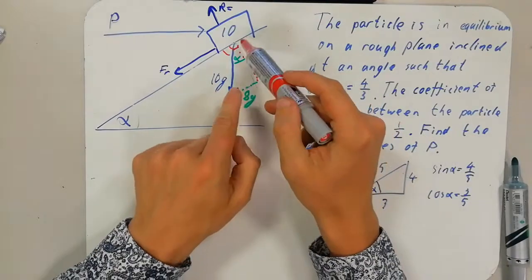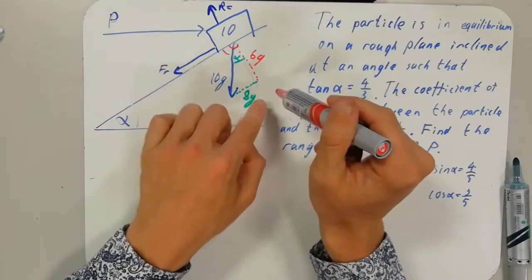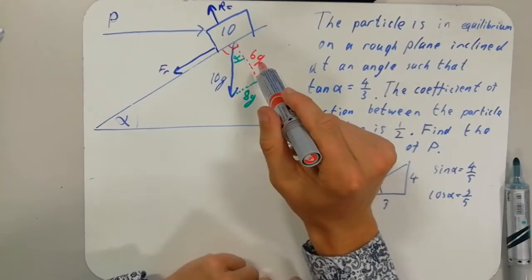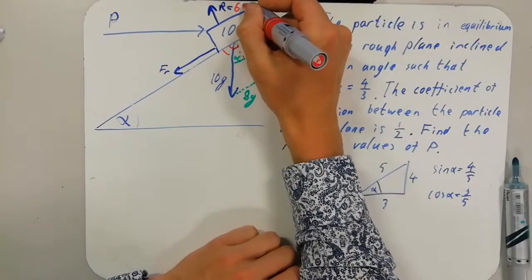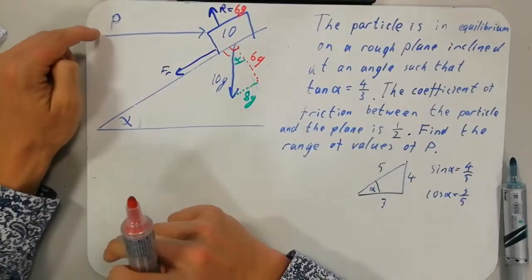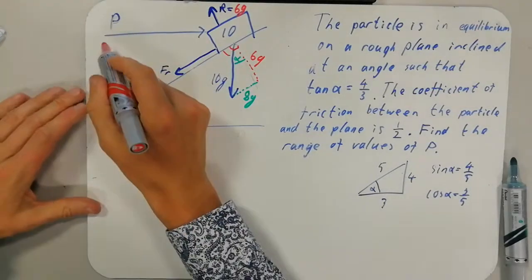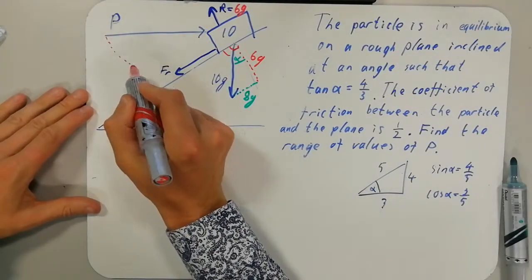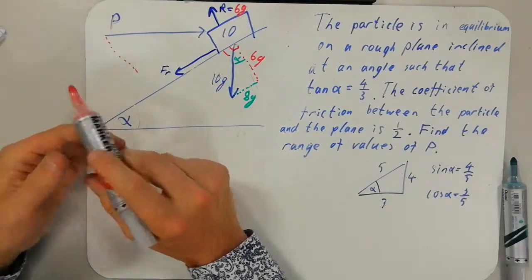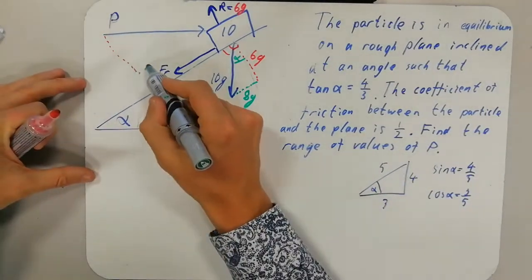So it must equal any forces that are trying to drive it through the plane. In this case, 6g. But also, that force P is trying to push it into the plane. So there will be some component of P which is trying to force it through the plane as well. We'll need to find that.